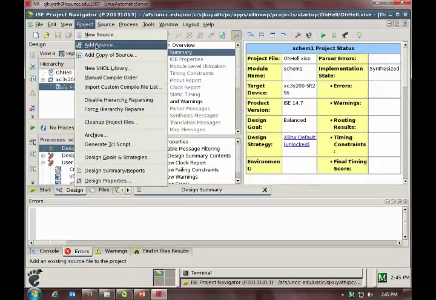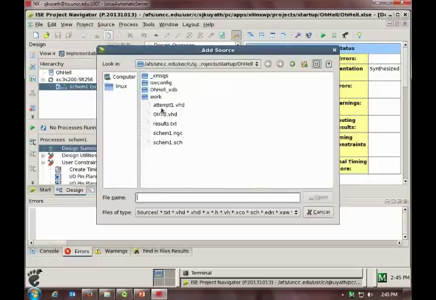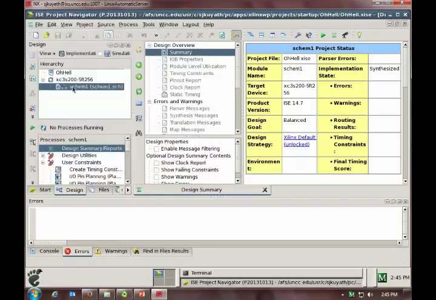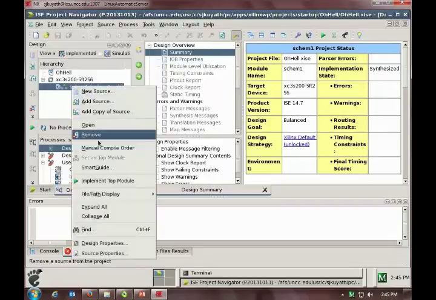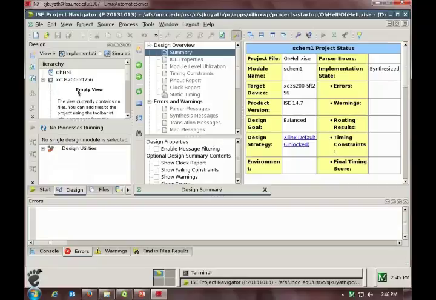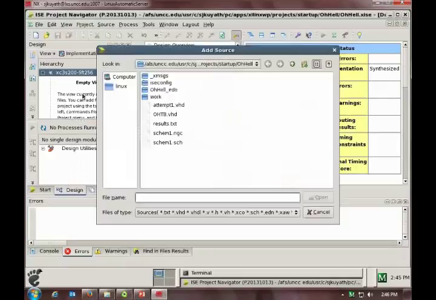Now let's see if I can add it. Still not letting me add it. I'm going to remove that and see if it'll. Now it says it's empty. Project, add source.